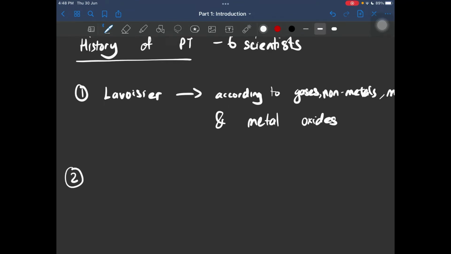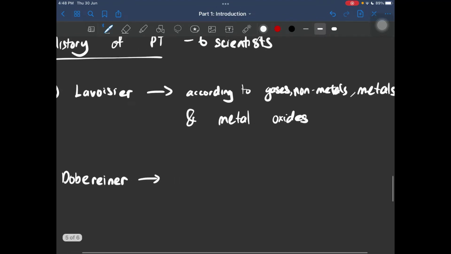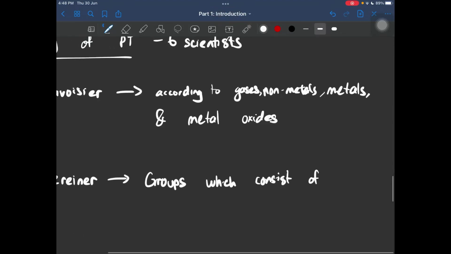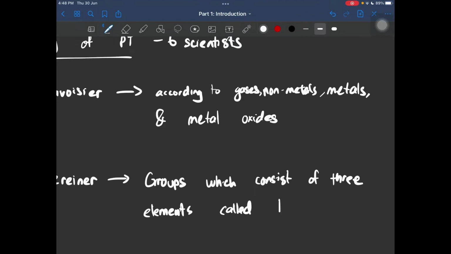Secondly, we have Dobereiner. Dobereiner proposed to construct the periodic table in groups which consist of 3 elements, which is called a triad.